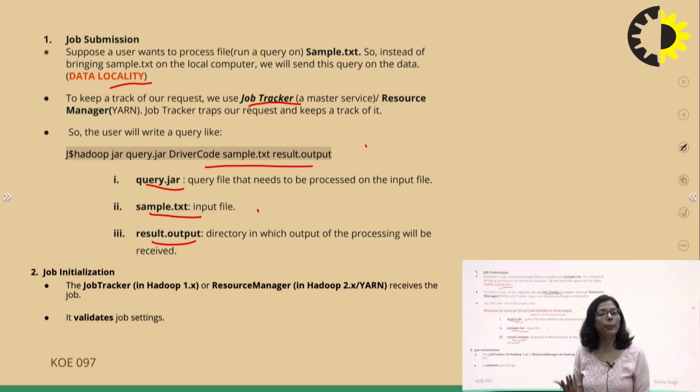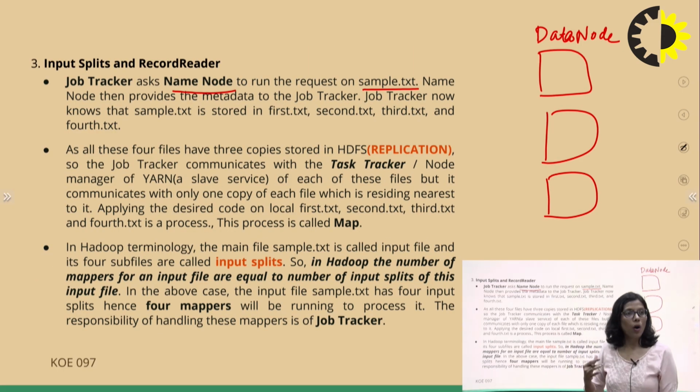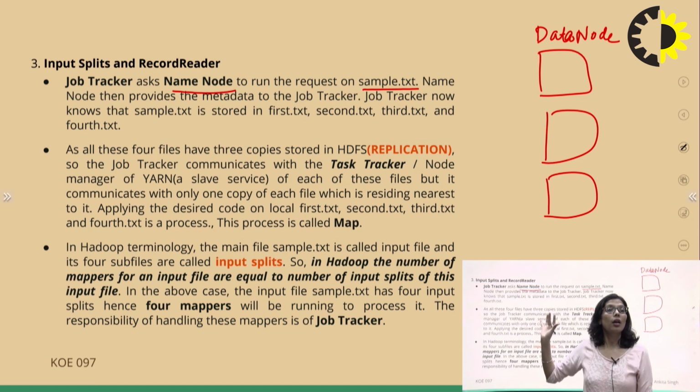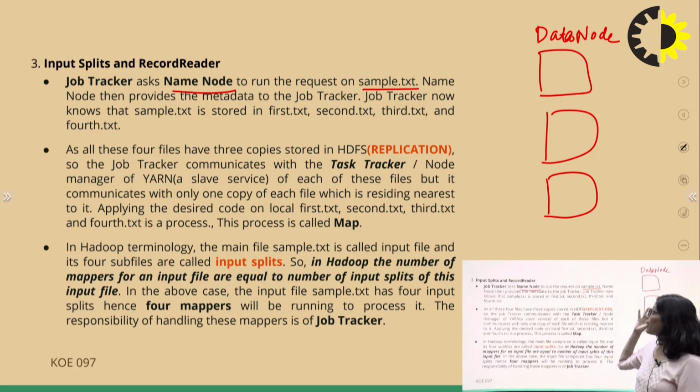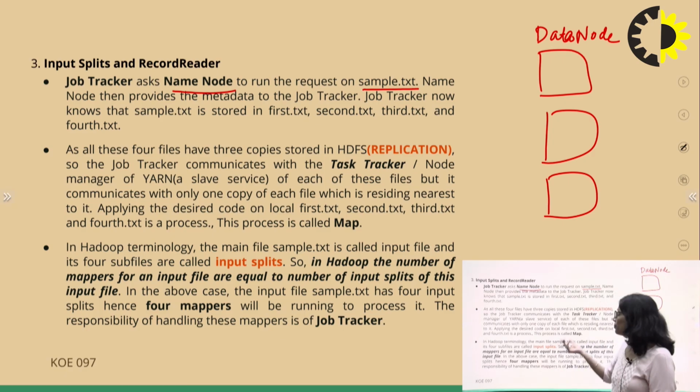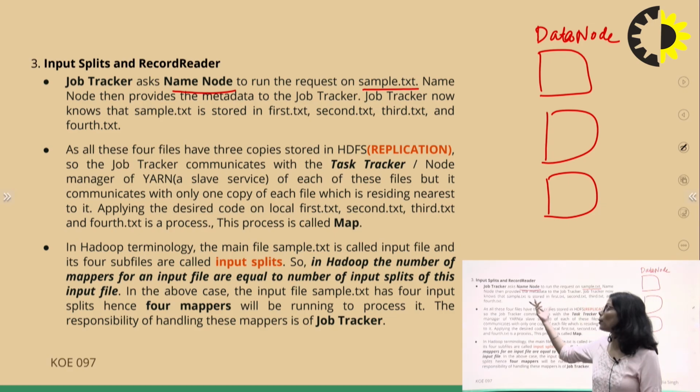It has already been divided into various blocks like first.txt, second.txt, third.txt and fourth.txt. These are the four divisions that were already made on the input file and stored in your data nodes. The job tracker has to know where my data is located, and only then will it send the query to these data nodes. So it will ask the metadata holder, that is the name node, which has the information about which data is located at which node, and the name node will provide the information to the job tracker.